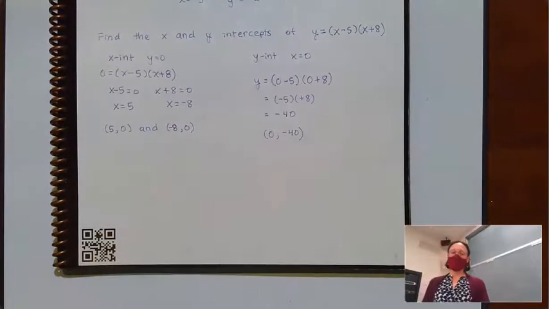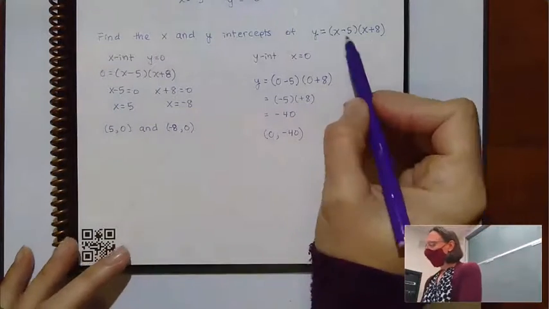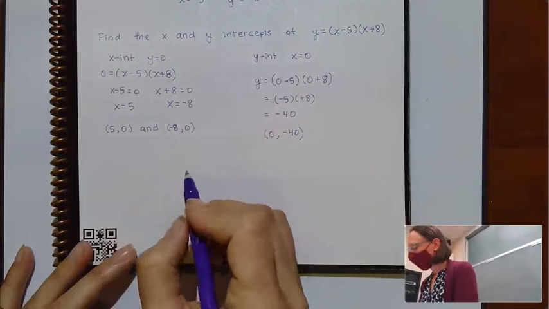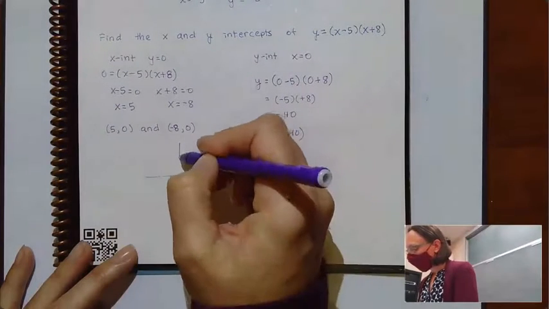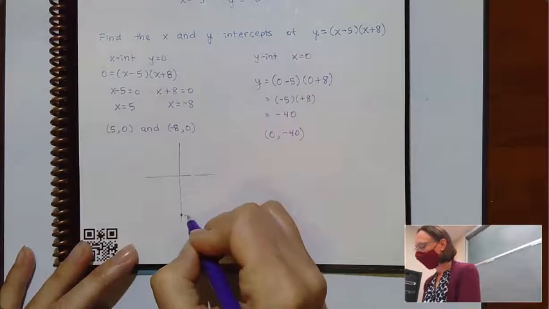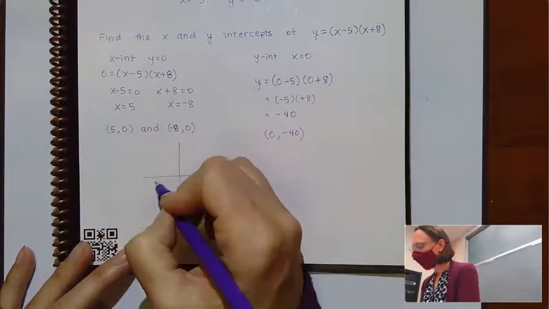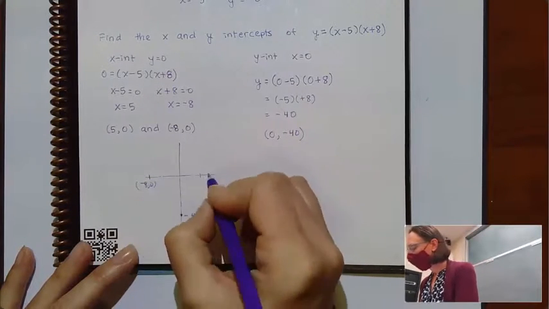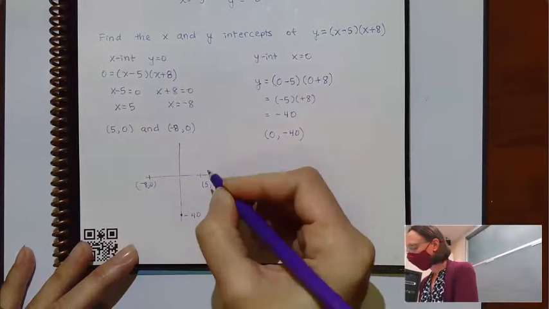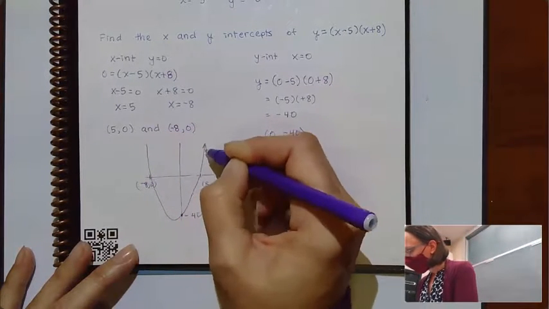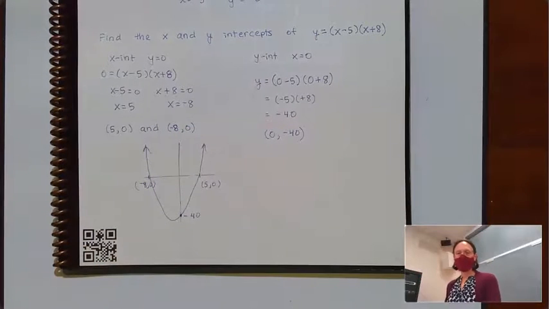They didn't ask us to graph this. We could. If I wanted to graph this, I know my Y-intercept is all the way down here at negative 40. I've got X-intercepts at negative 8 and positive 5. And so it must do something kind of like that.